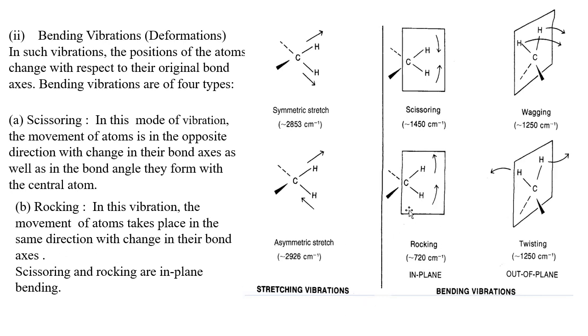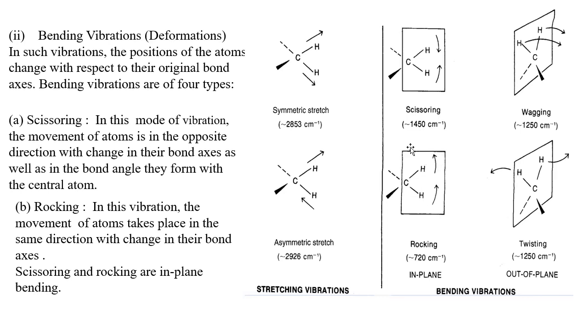Okay. The rocking vibration is also an in-plane vibration. The movement of atoms takes place in the same direction. You can see here the movement of the hydrogen atoms takes place in the same direction with change in their bond axis, the CH axis.